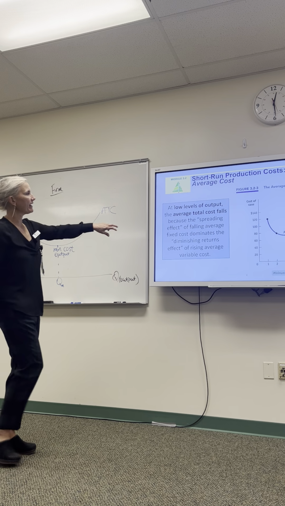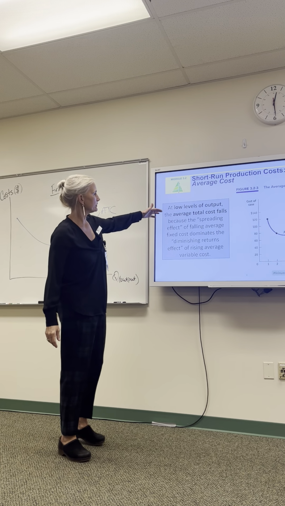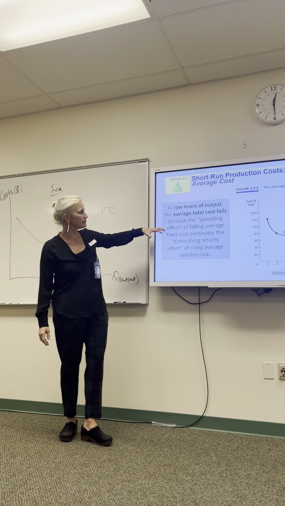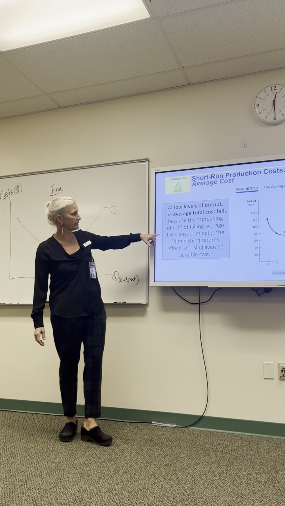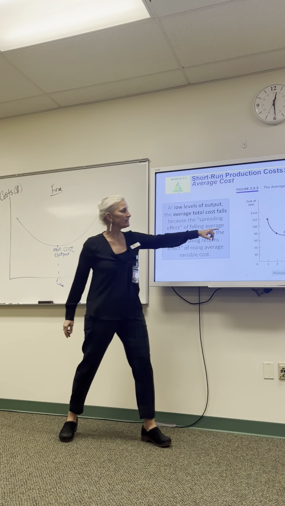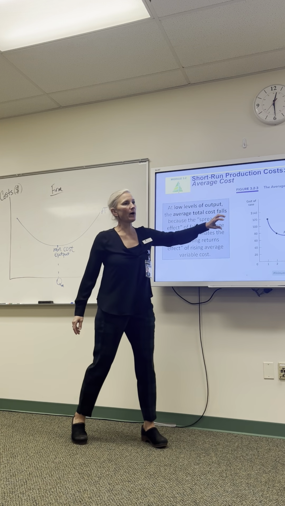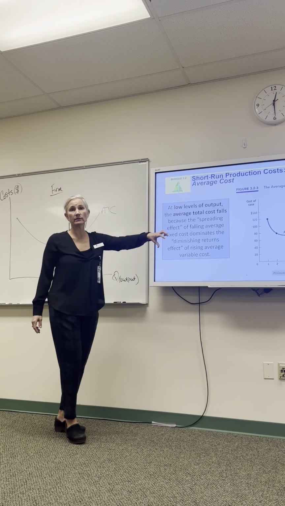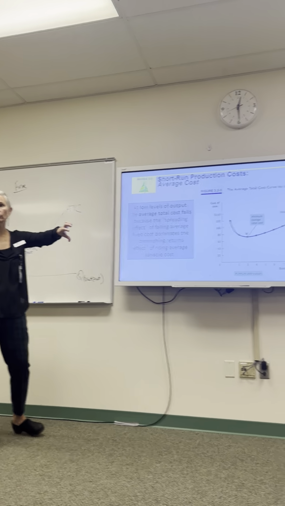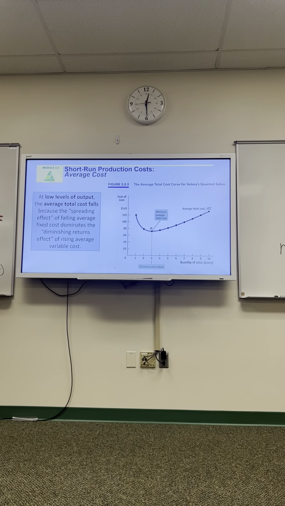At lower levels of output, average total cost falls because of the spreading effect of falling average fixed costs. That is dominating here, as well as some of that specialization that's coming from marginal costs.